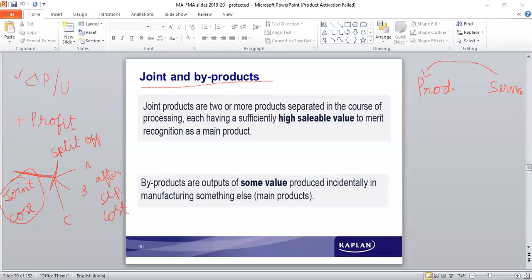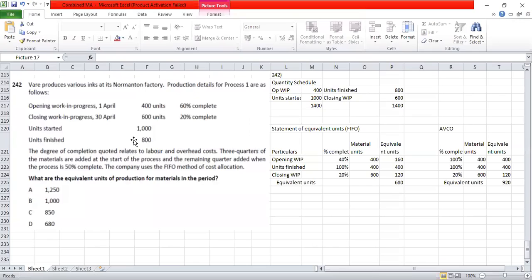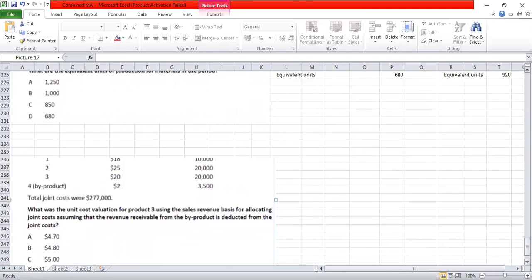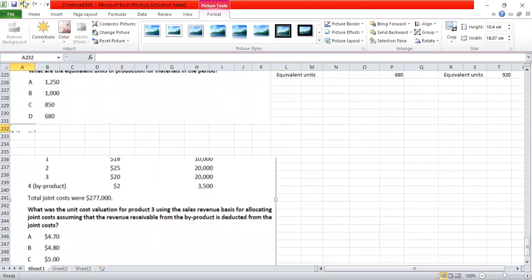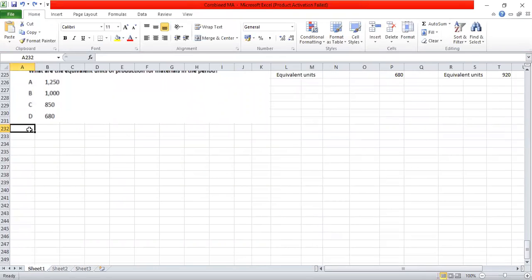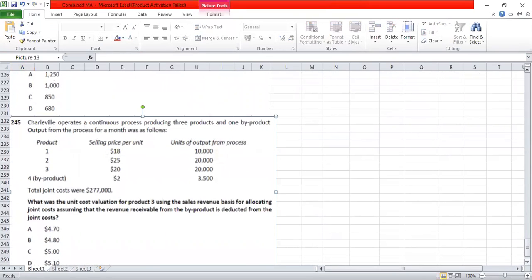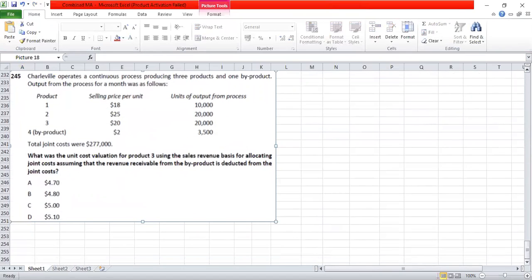I'll put this in the Excel sheet and then we'll solve this one. Let's work out this one.